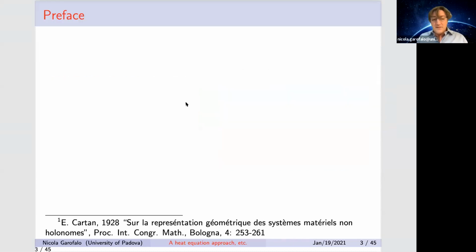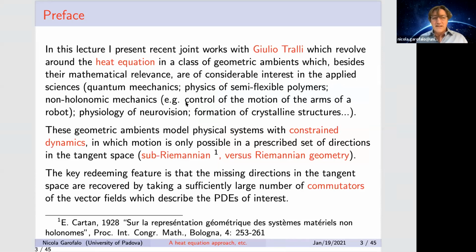So what I want to present is some results from recent joint works. In fact, I will mainly focus on 2 of the recent papers with Giulio Tralli. This work revolves around the heat equation in a class of geometric ambients, which besides the mathematical relevance are of considerable interest in the applied sciences.